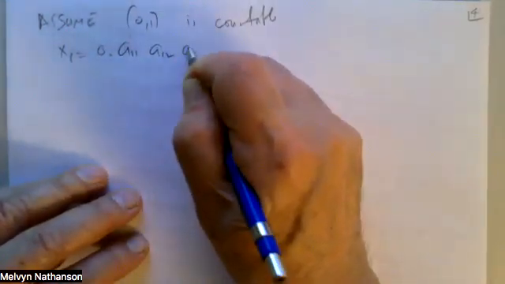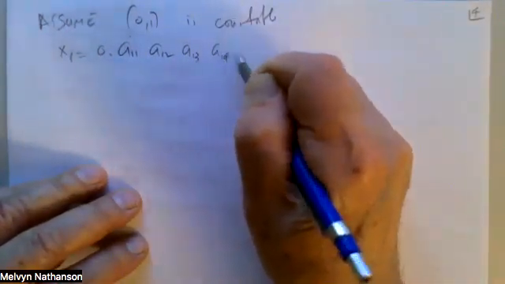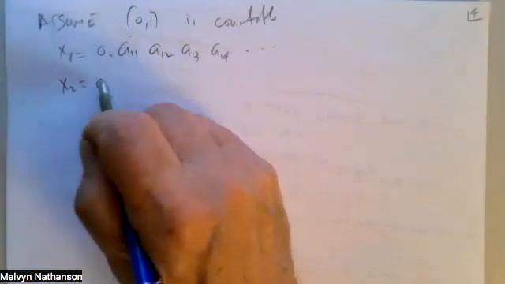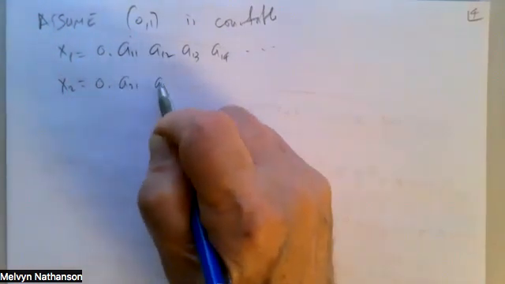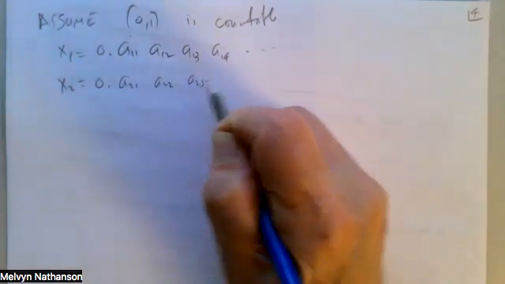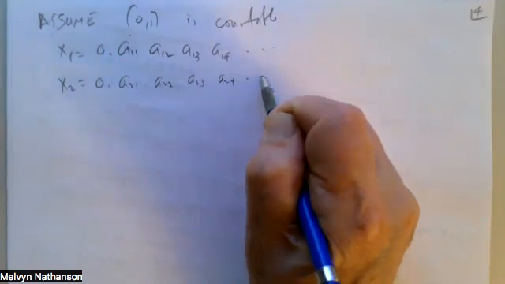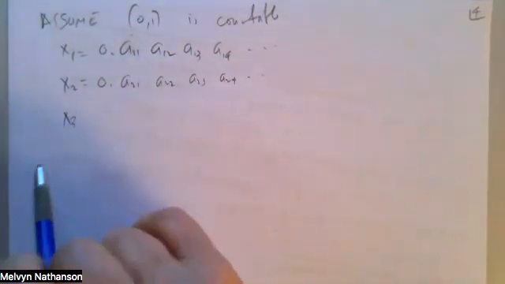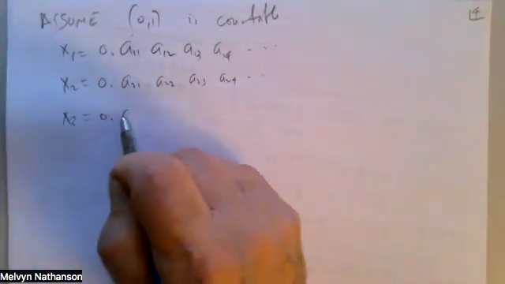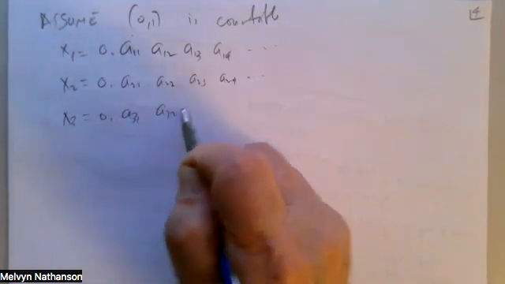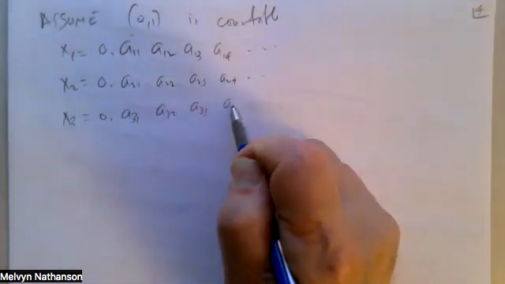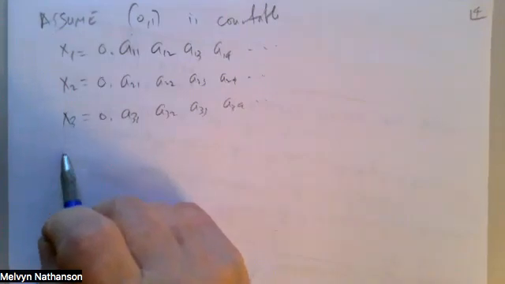A11, A12, A13, A14, and so forth. And the next number in the list is 0.A21, A22, A23, A24, and so forth. And the next number in the list is 0.A31, A32, A33, A34, and so forth.